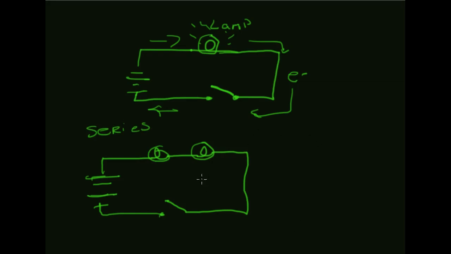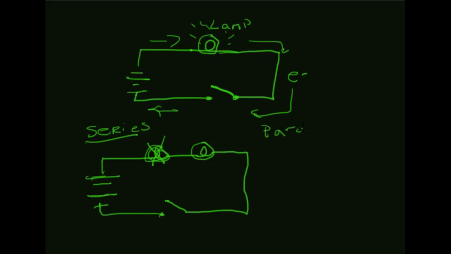If you close this switch, both of these lamps will light up. But if one of the lamps burns out, then both lamps will be out. You won't know which one is the burnt out lamp. Either they are both on or they are both off. That's your only option when you are in series.